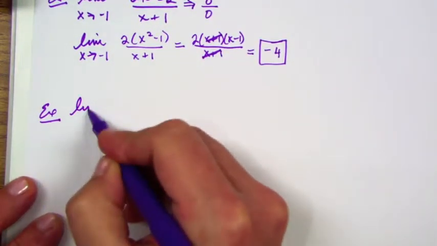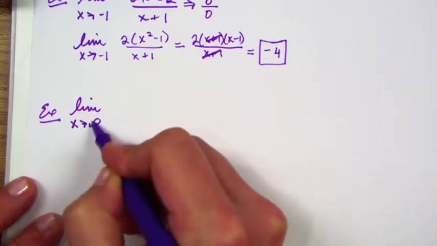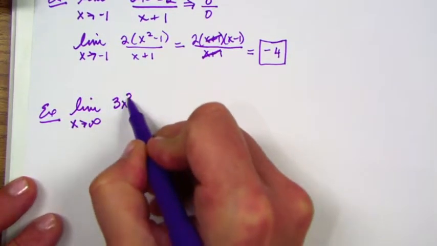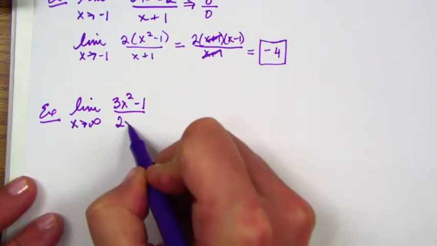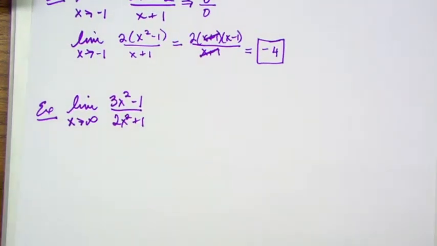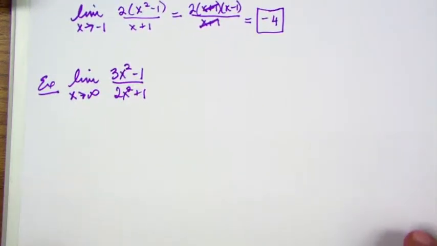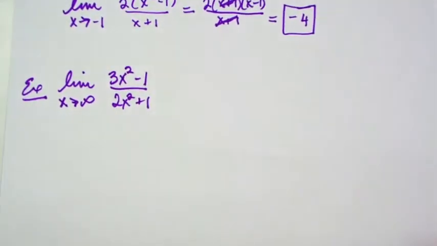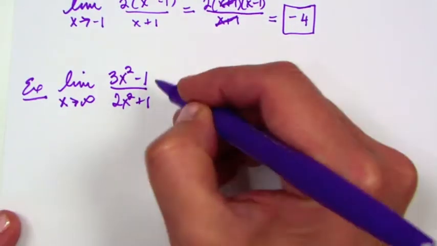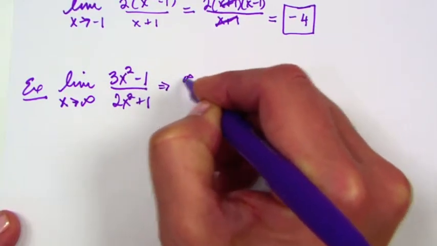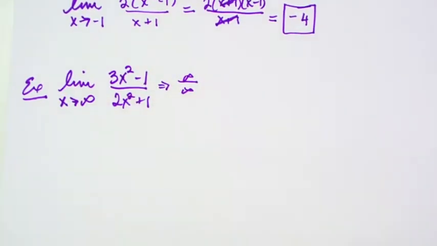Okay, let's look at another one. Let's do the limit as x goes to infinity of 3x squared minus 1 over 2x squared plus 1. So what do I always try first? Direct substitution, right? And you get infinity over infinity, some form of infinity over some other form of infinity.